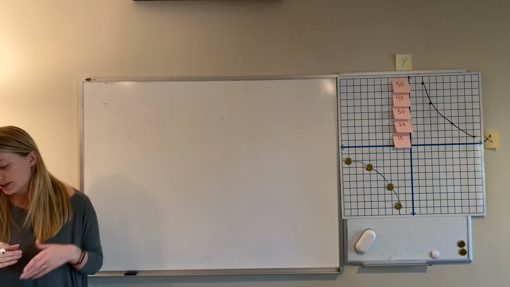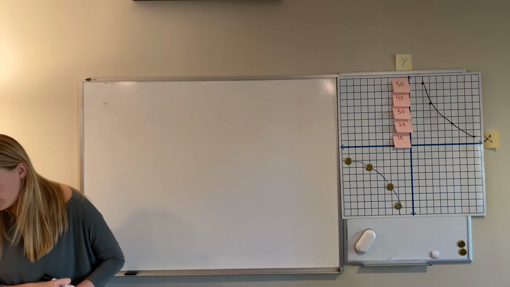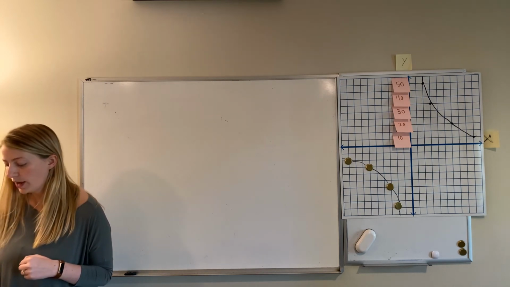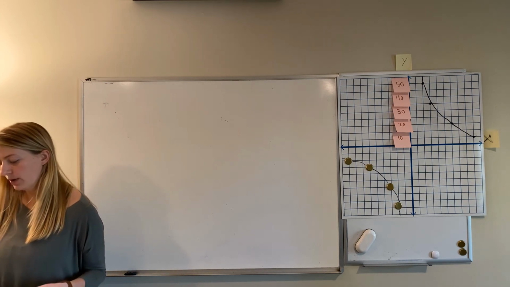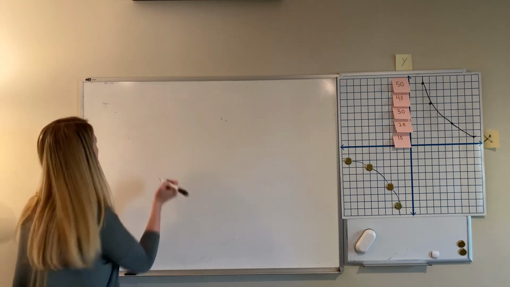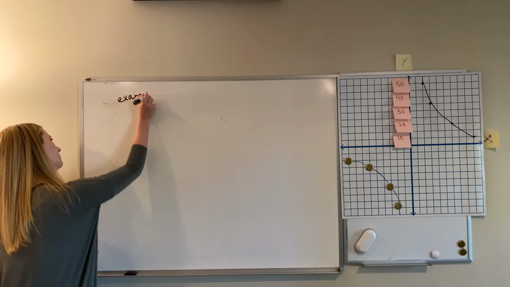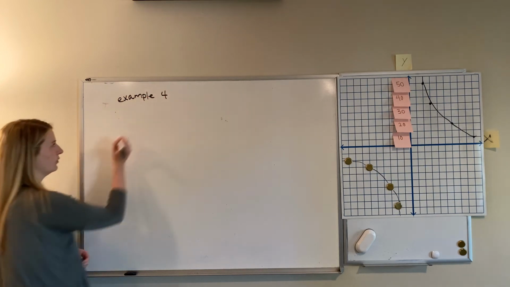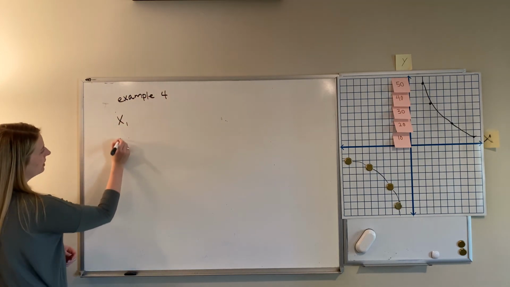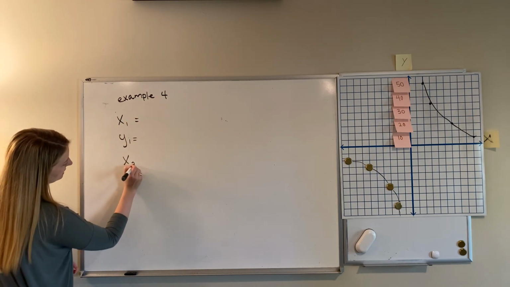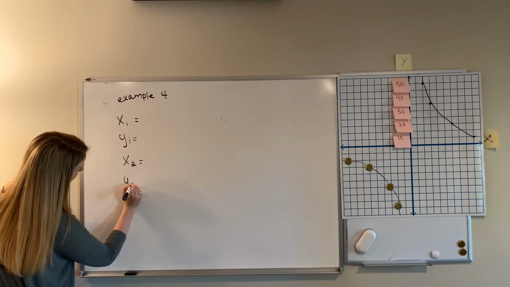Example 4 says, solve for y. If y varies inversely as x, y equals negative 6 when x equals 9, find y when x equals 6. So step 1, list out the values they give you. So example 4. We need an x1 and a y1. We're looking for an x2 and a y2.